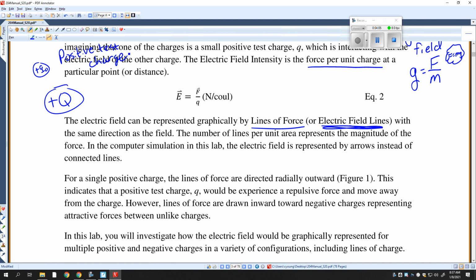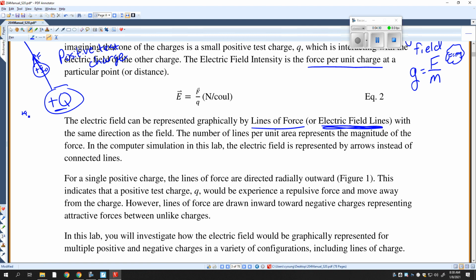So the way that I determine the direction of the electric field is I ask, what is the direction of the force on this positive test charge? Now I know that like charges repel one another, so the force on that positive test charge due to this charge is away from the original charge. Then the direction of the force is the same direction as the electric field. So my electric field is going to be in that direction.